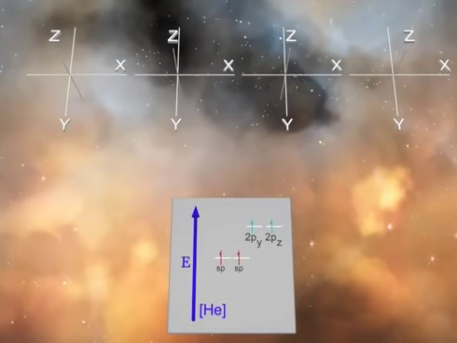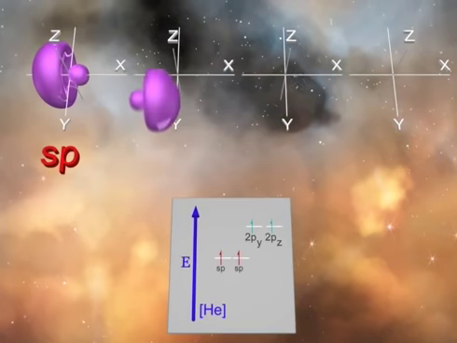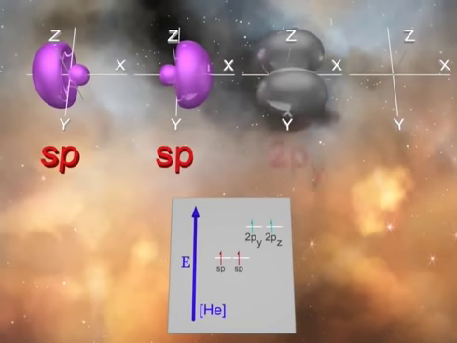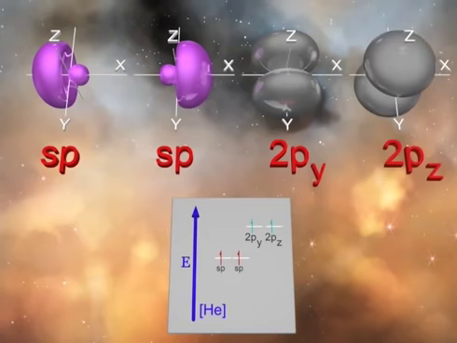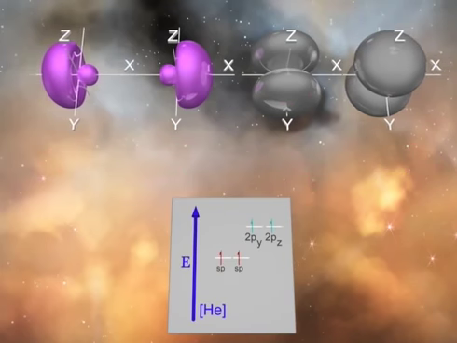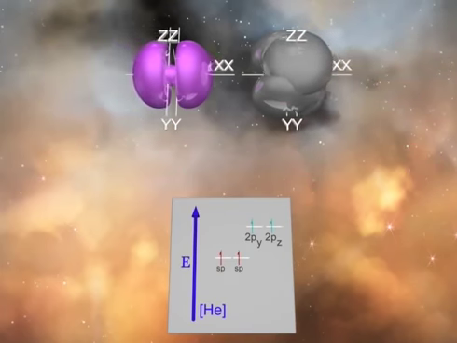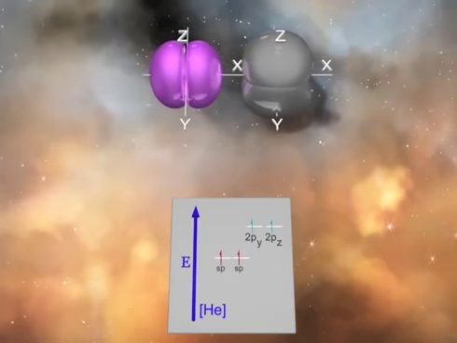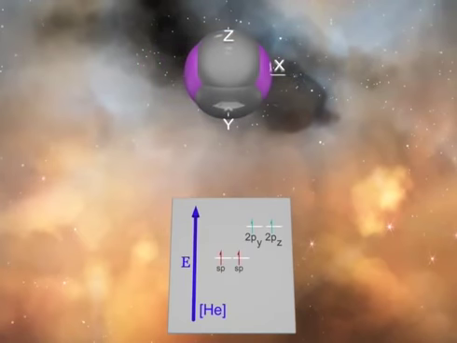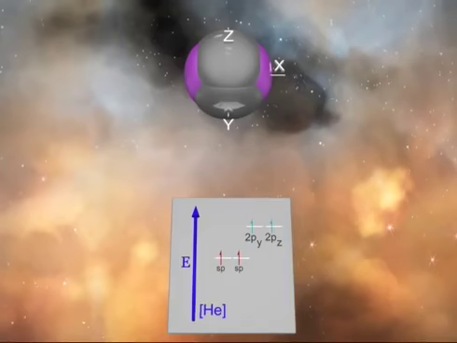The shape of the new sp hybrid orbital is best characterized as 1 part s and 1 part p. As with all orbitals, think of these hybrid orbitals as 3-dimensional shapes where you can find the electron 90% of the time. The sp hybridized carbon now possesses 2 electrons in hybrid orbitals and 2 electrons in the unhybridized 2p orbitals. When we superimpose both sp hybrid orbitals with the unhybridized 2pz and 2py orbitals onto the carbon atom, it becomes quite cumbersome and confusing.